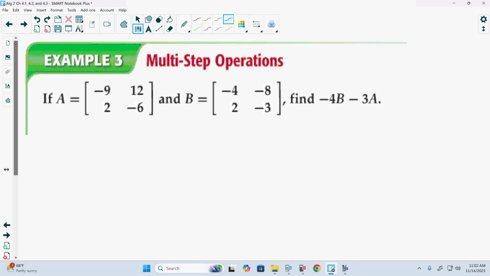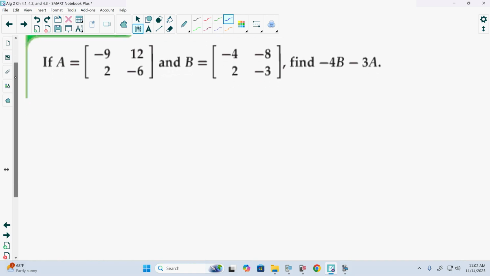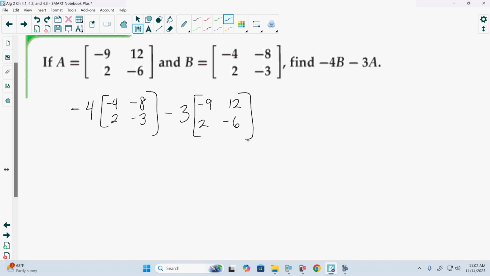This is where we started to see that doing it in the calculator and doing it by hand starts becoming a little bit quicker. Because when we started combining these scalar multiplications with addition, subtraction, the calculator started to be able to do it a little bit quicker than we could.